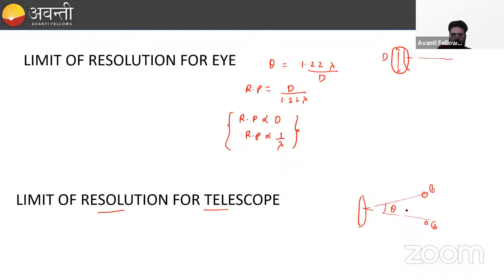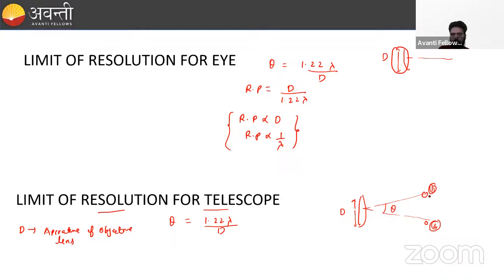Theta is defined as 1.22 lambda upon capital D, where D is the aperture of the objective lens, when we see the two stars distinctly. So we can say D is the aperture of the objective lens, correct.